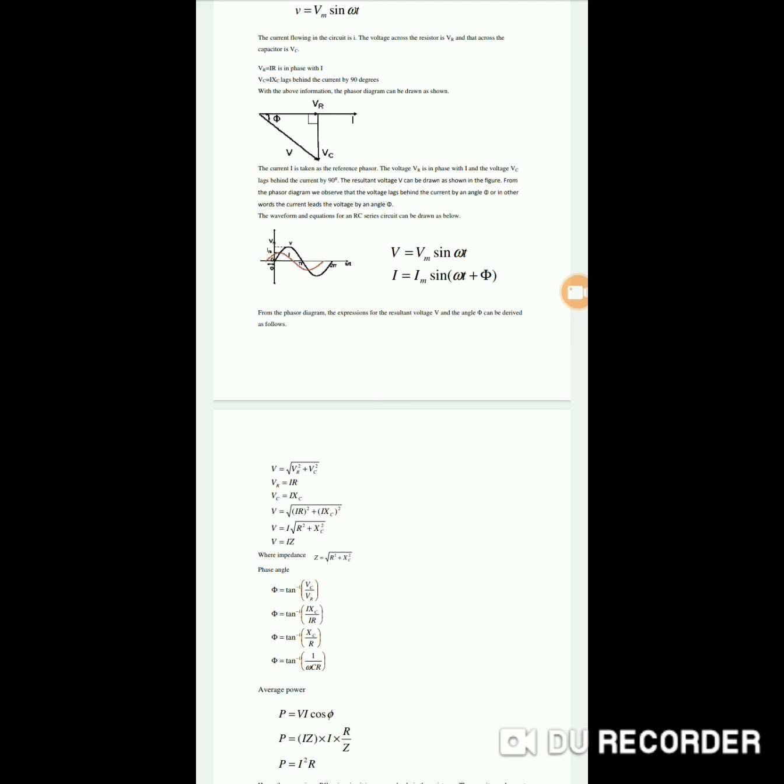Now we'll see the phase angle. Phi is equal to tan inverse of VC divided by VR.